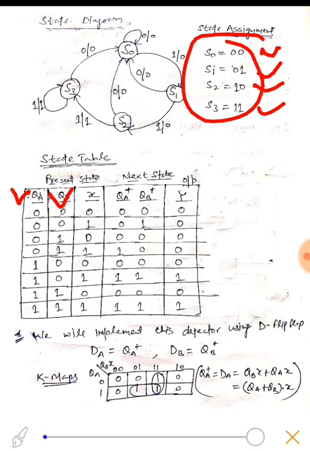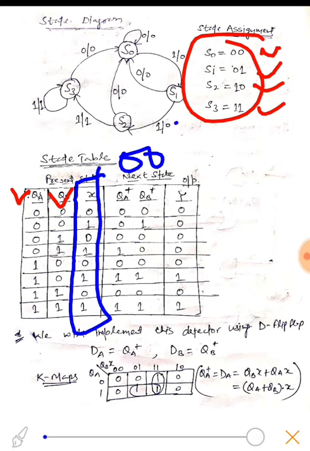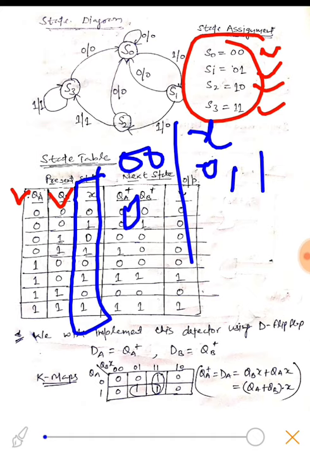X is our input bit, the input stream, so it can be 0 or 1. Input can only be 0 or 1. So for a particular state, we have 2 choices. If it is in state 00, input can be 0 or 1. If it is in state 01, input can be 0 or 1.